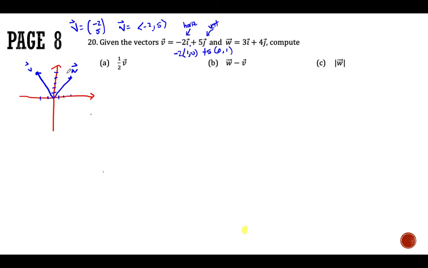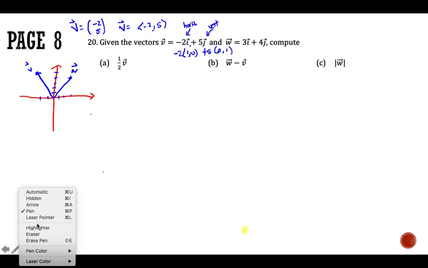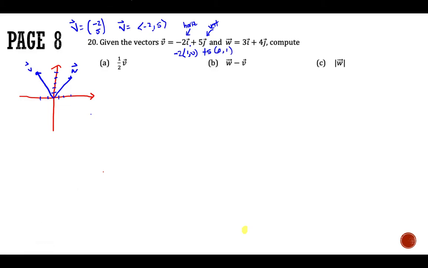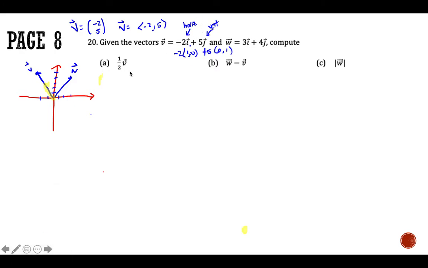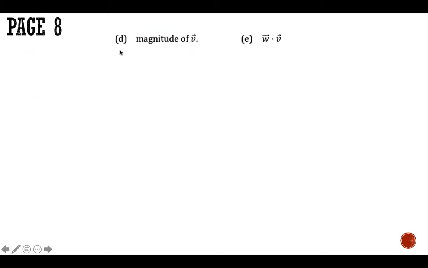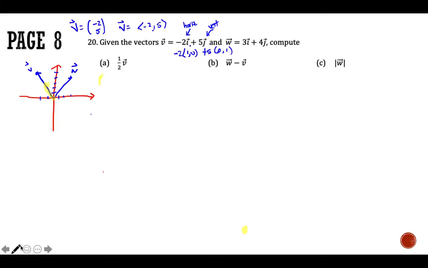So if they want to know what half of v is, well, half of v would look like this. About half of it. And how you take half of it is take half of the vertical and half of the horizontal. So that is just half of -2 and half of 5.